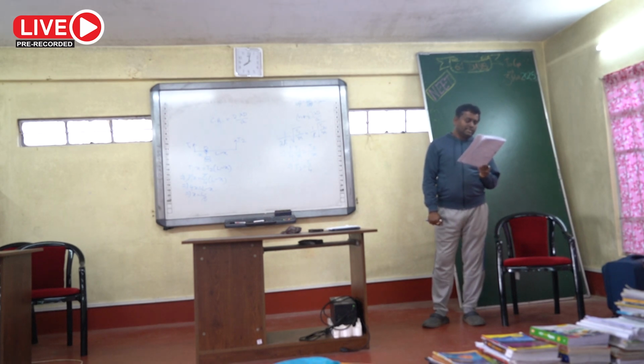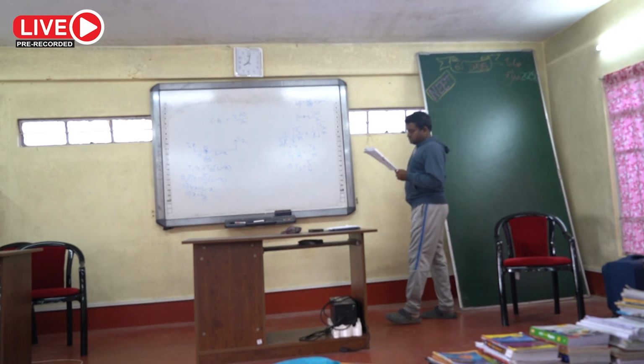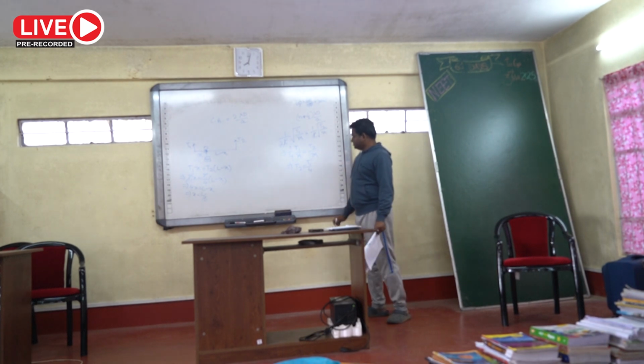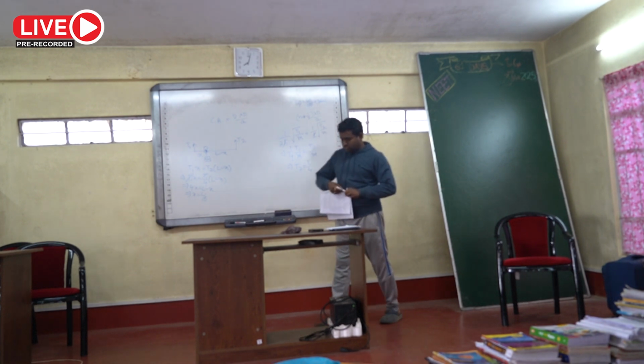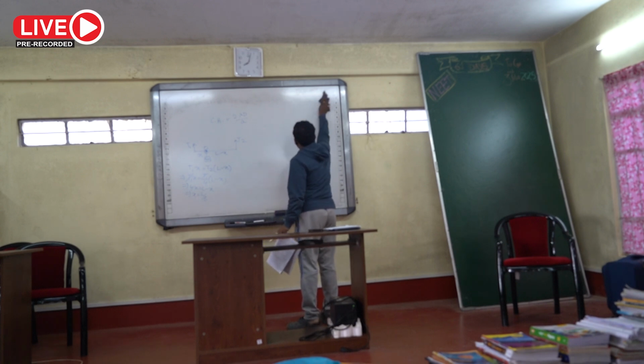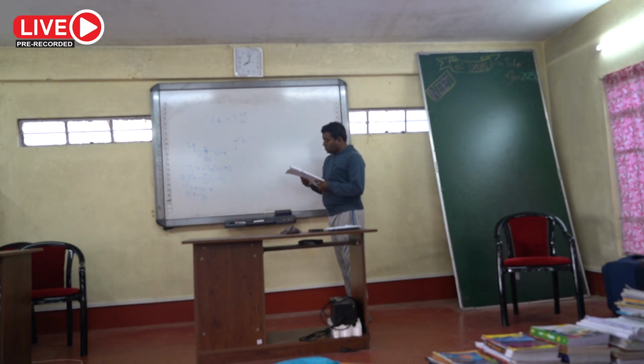Next one, a light ray is incident perpendicularly on one face of a 90-degree prism and is totally internally reflected at the glass-air interface. If the angle of reflection is 45 degree, we conclude that the refractive index... On the surface from where it is reflected, that angle of incidence is 45 degree.